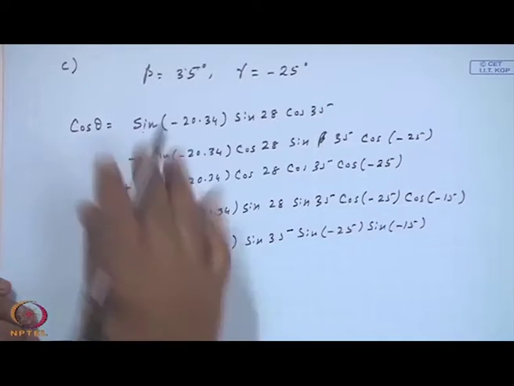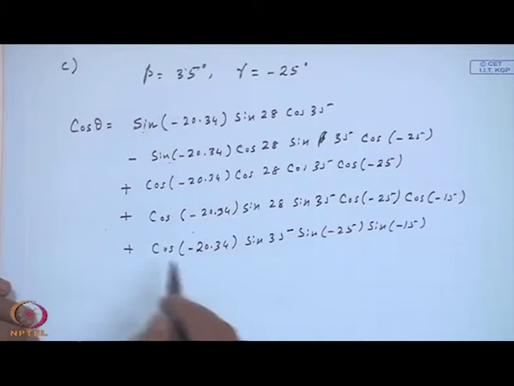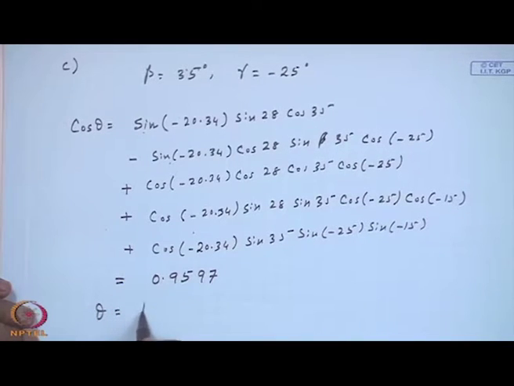So, I shall not rewrite each term, but the final cos theta is equal to 0.9597 and theta is equal to 16.32 degrees.